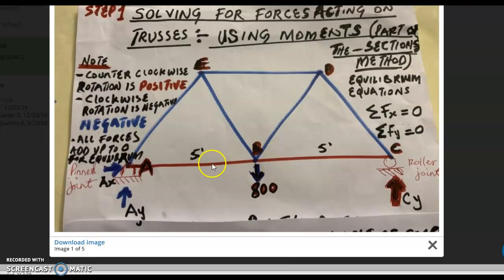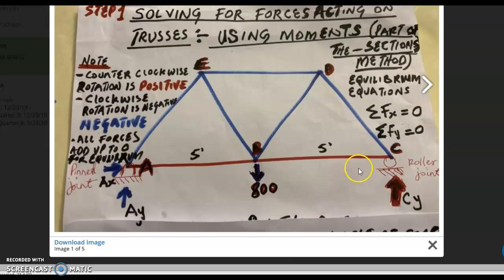So when you have a truss or a set of trusses that's pinned at point A, and you have the joints here, A, B, C, D, and E, and a load applied here of 800, then you want to calculate the moments. This is step one of the calculations.